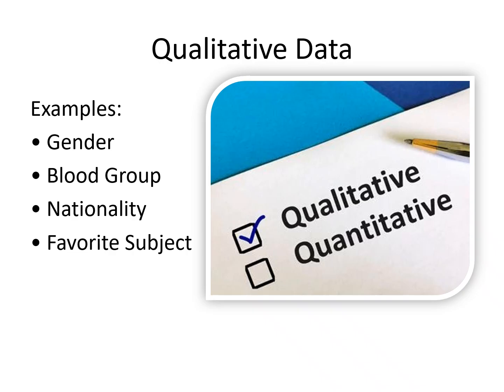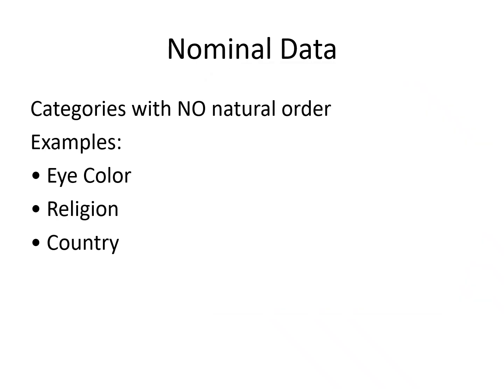Even if we assign numbers to categories, such as coding male as 1 and female as 2, the numbers are still labels and do not have mathematical meaning. Qualitative data is divided into two types, nominal and ordinal.